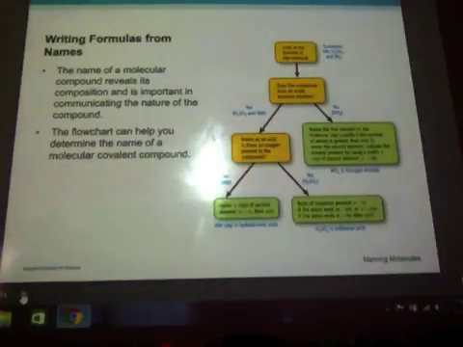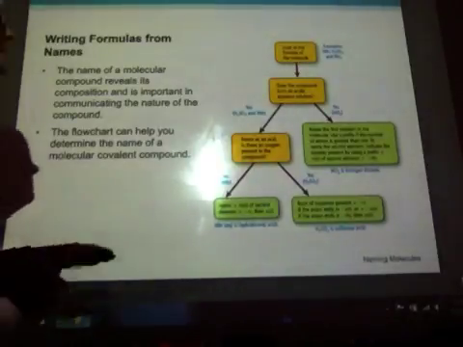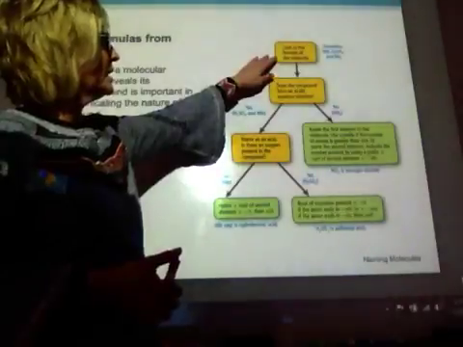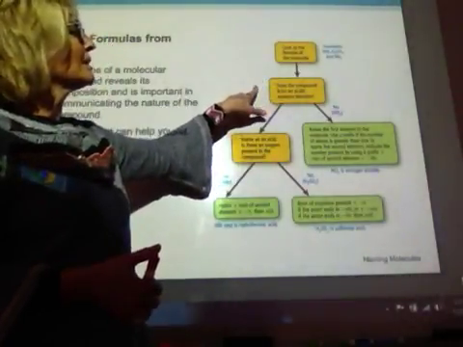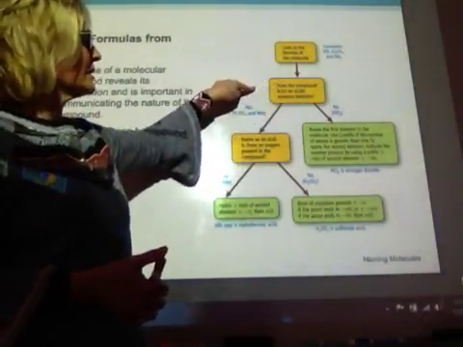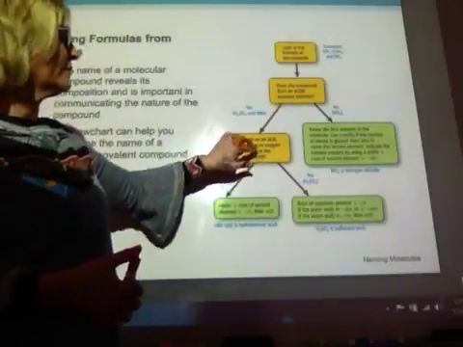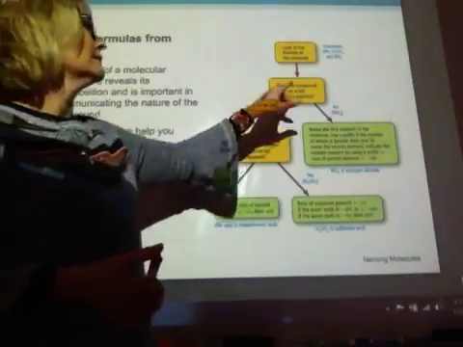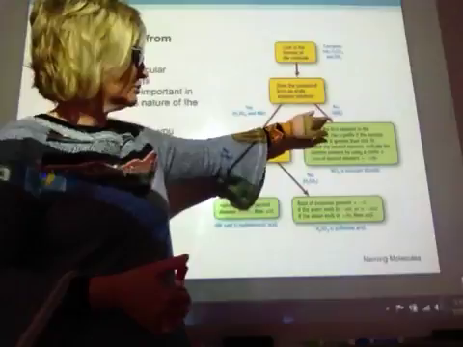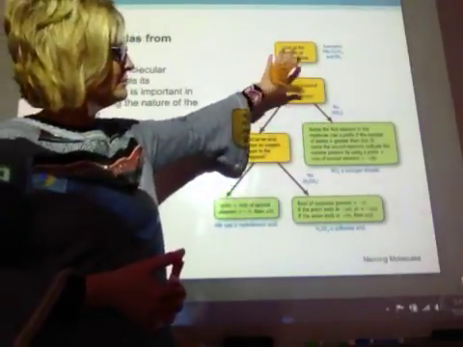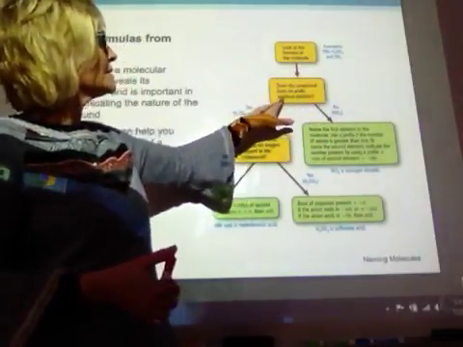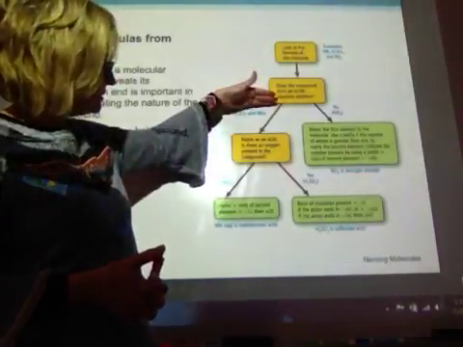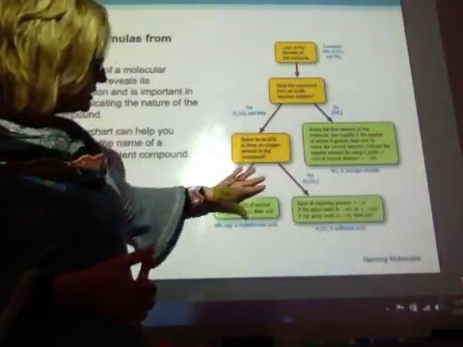Naming formulas. Basically here, look at the formula. Does it start with an H? If it starts with an H, then I'm going to follow this route. If it doesn't start with an H, oh, this is all on acids. If it ends with "ide," I am going to go this way.